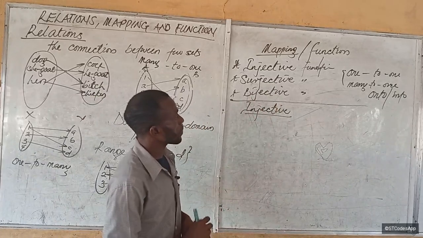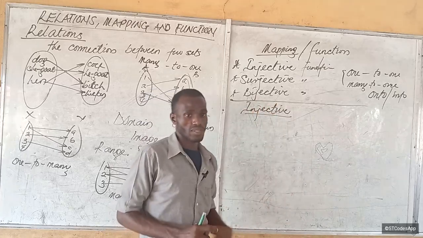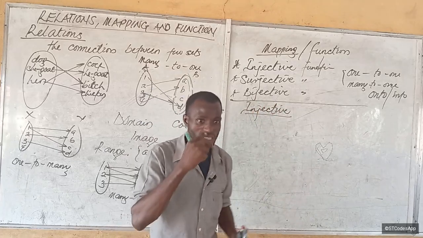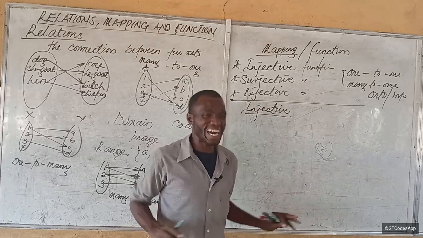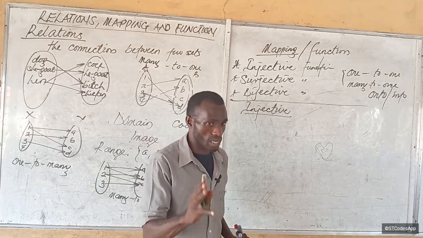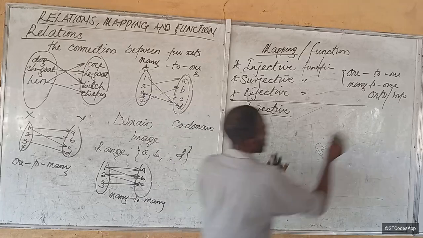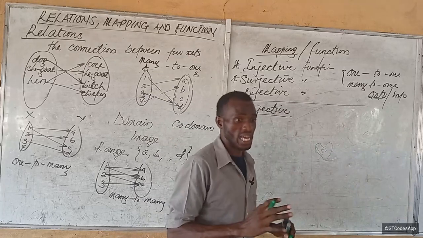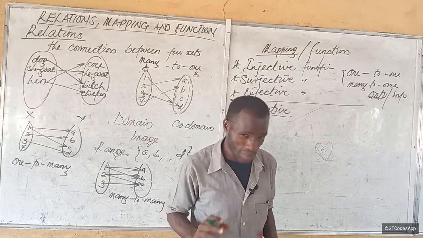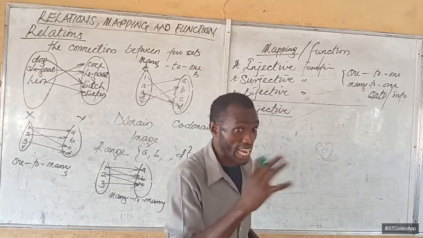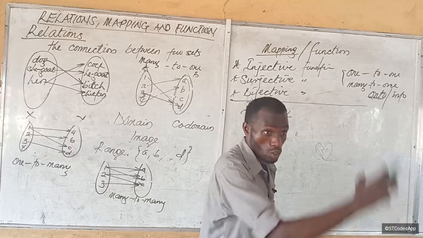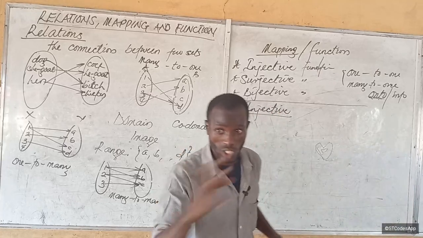Now, when is the mapping bijective? It is bijective when it is one-to-one and onto. Onto means every element in the codomain has been mapped to. Does that make sense? So this is what I mean by onto.